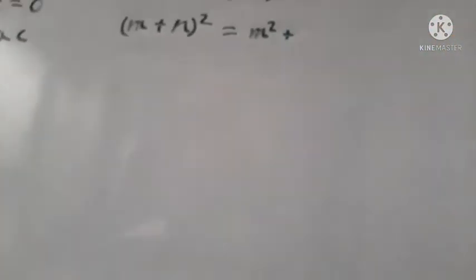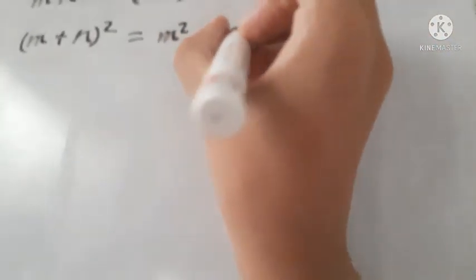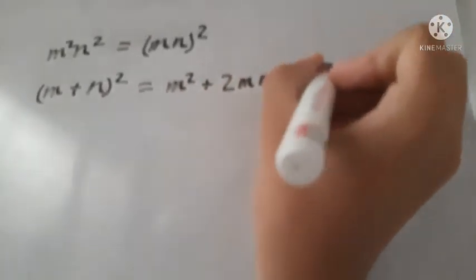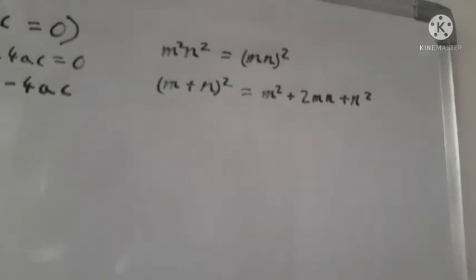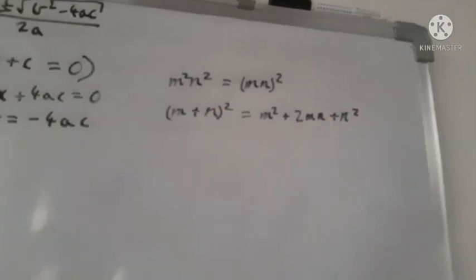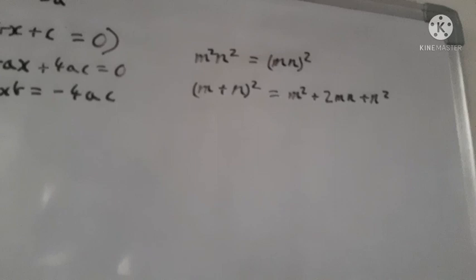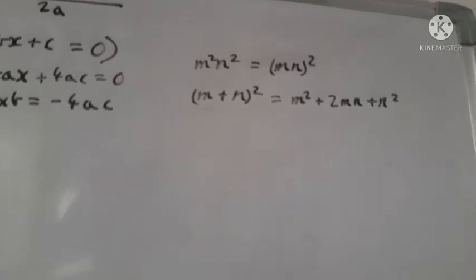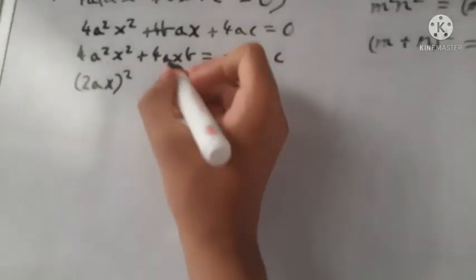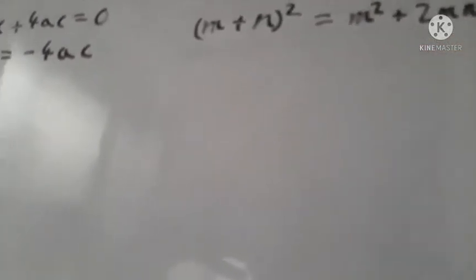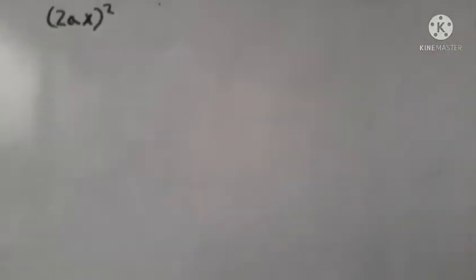So we have m squared plus 2mn plus n squared, and addition is commutative, so we can do that.